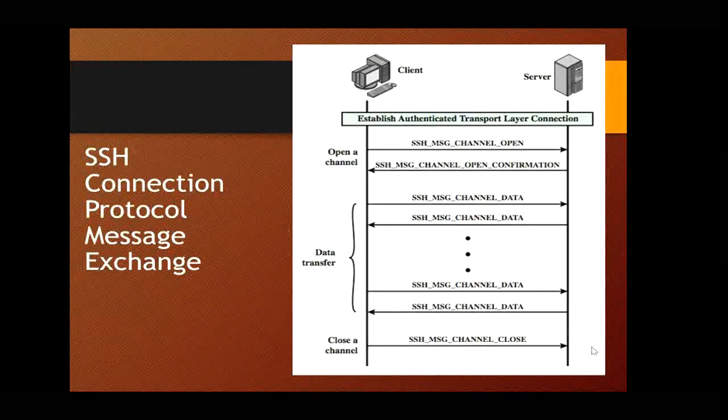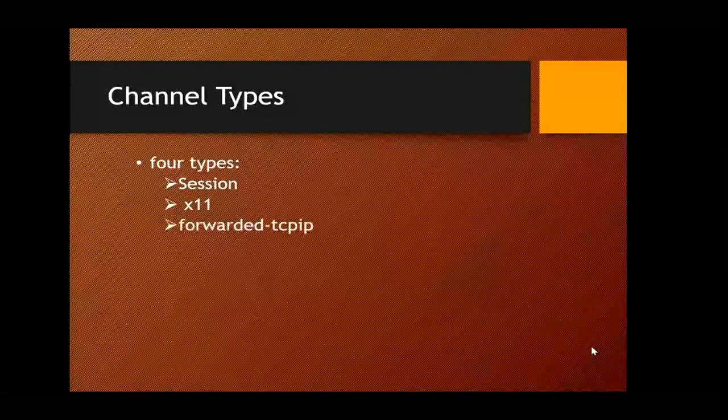Next we will look into the types of channels. There are four channel types recognized in the SSH connection protocol specifications. The first is the session, the second is X11, the third is forwarded TCP IP, and the fourth is direct TCP IP.